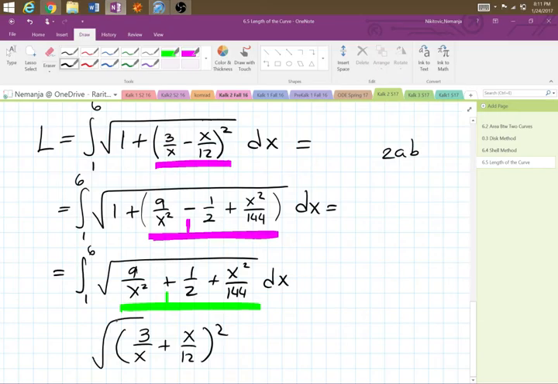And now it's under the square root, and this is how the square root dies, and you can integrate. Stare at this, because this is the only way you do it.